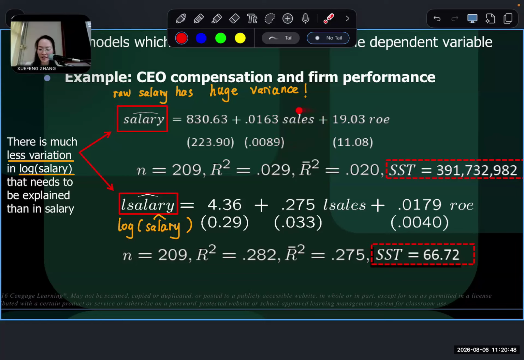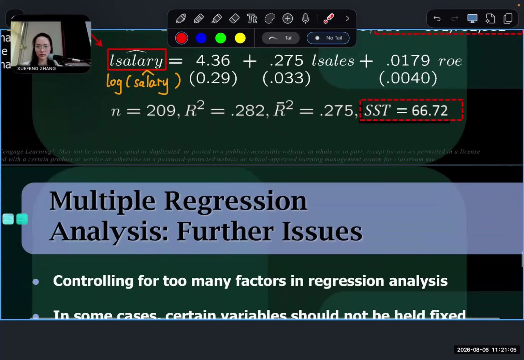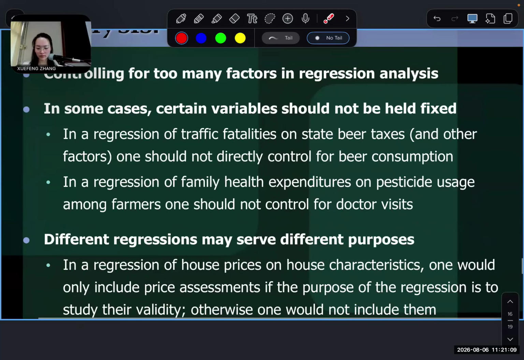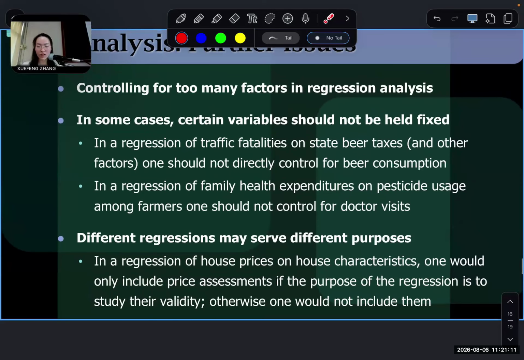You see here, sales transform to log sales, salary transforms to log salary. Different transformation means different models. Okay, this is the warning for you.